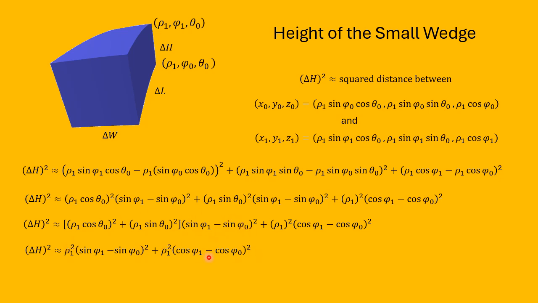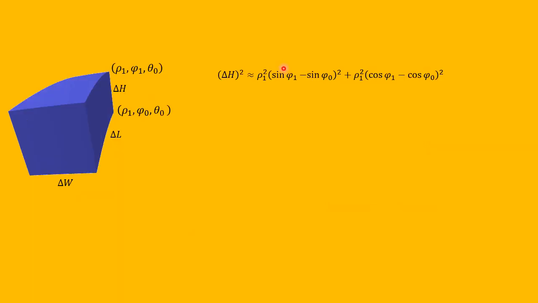This second term is just the same as what we have up here. So we had that delta h quantity squared is rho 1 squared sine phi 1 minus sine phi naught quantity squared plus rho 1 squared cosine phi 1 minus cosine phi naught quantity squared.